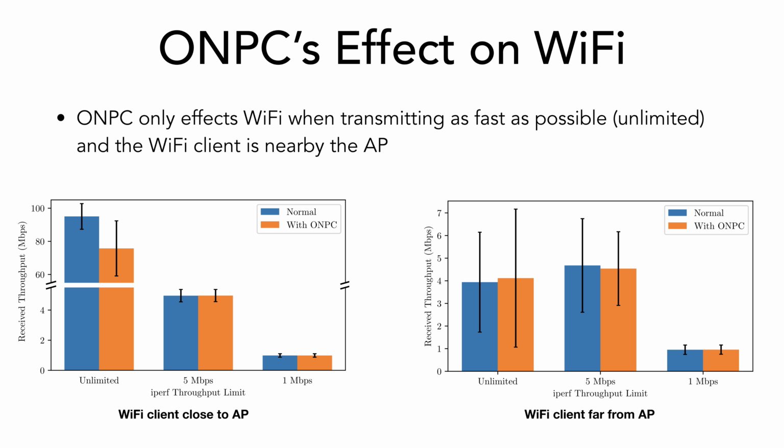And then first we put another Wi-Fi client, so now our third entity in this experiment, a laptop, close to the access point. So that's this graph right here, where the Wi-Fi client's close to the access point. And we ran 3 different configurations with that, of different data rates. And then we said, let's take the Wi-Fi client far away from the access point. And so we took it far away and tested out the same data rates.